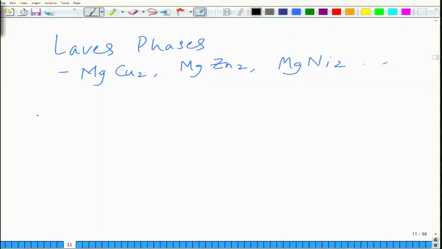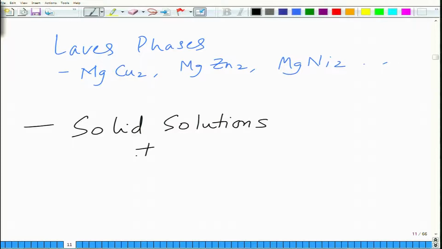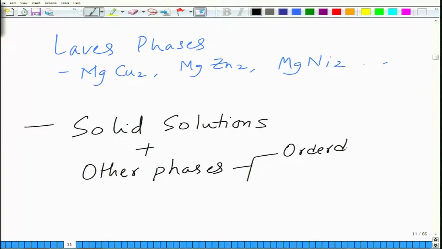these are the phases which can form in systems. So, in addition to solid solutions, you can have other phases, which could be ordered phases, could be intermetallics.